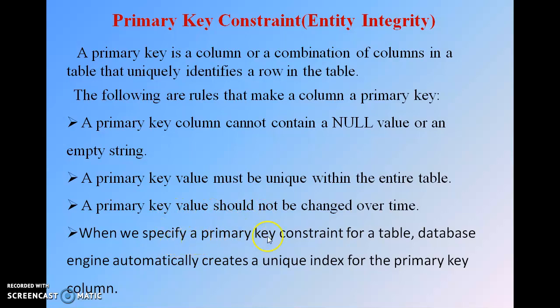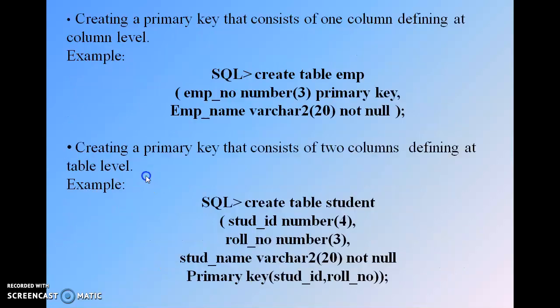When we specify a primary key constraint for a table, the database engine automatically creates its index, a unique index for that primary key column. There is no need to create a different index for that table. If we declare a primary key on that table, the database internally creates the table's unique index on a primary column. Okay.